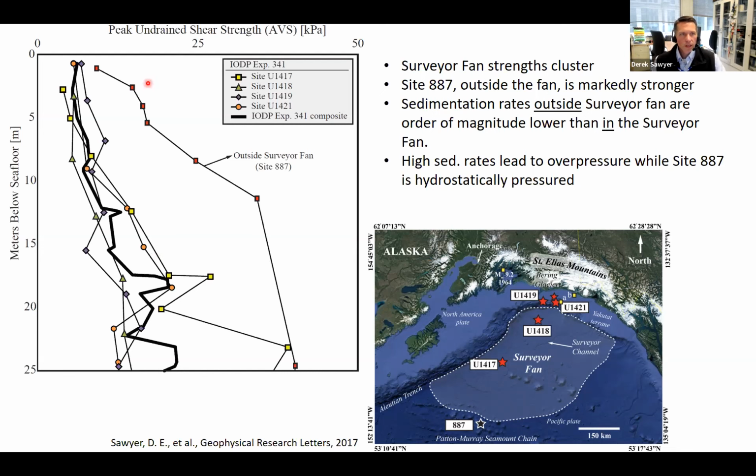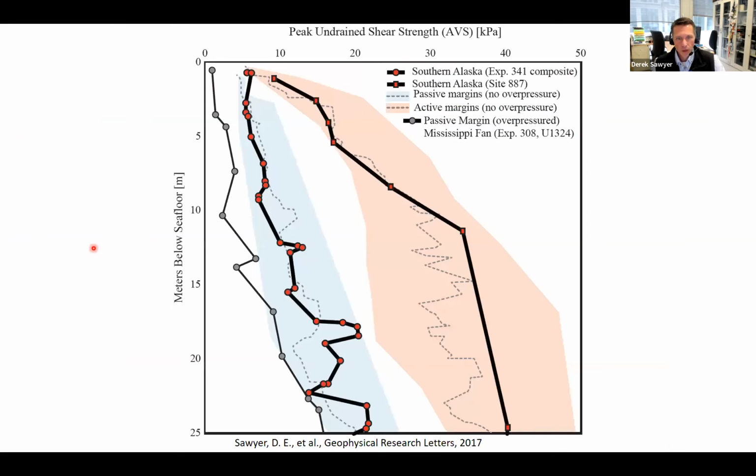And even though it's just one profile, it does systematically sit significantly to the right of the Surveyor Fan sediments. So in other words, the lower sedimentation rate sediments are seismically strengthened. Outside the fan, you get almost all seismic strengthening. And inside the fan, it's not clear what's going on. Is this normal shear strength development, or is this actually mostly controlled by the overpressure?